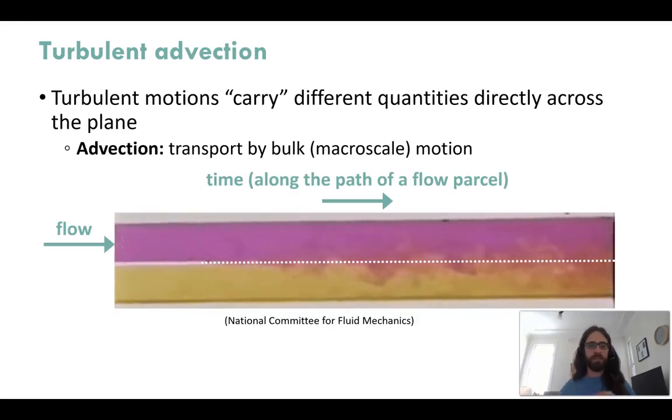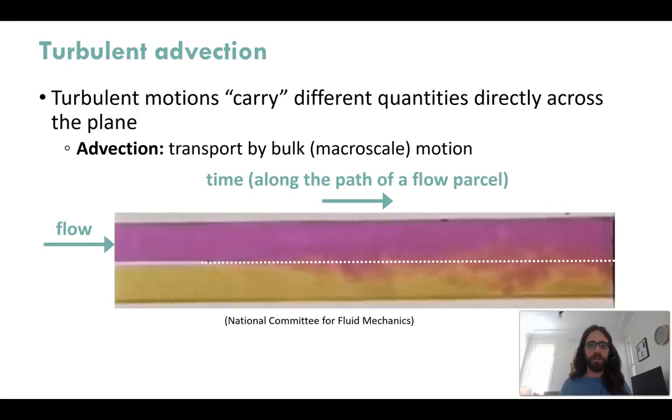So in terms of these turbulent motions that I mentioned, they can directly carry different quantities that are varying across different regions of the fluid. So for instance, in this animation here at the bottom, we have water that is a pink color dye at the top and a yellow color dye at the bottom, and they are initially separated by a plate that is then removed, and then later parts of the channel allow there to be mixing of these two dyed regions across the dashed line representing a mixing plane.